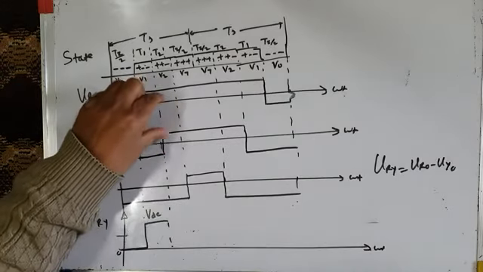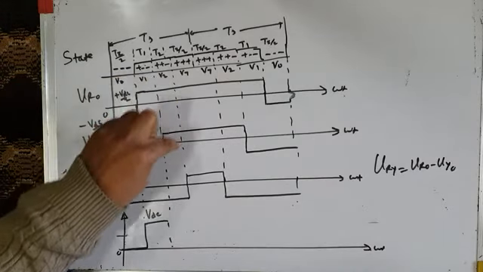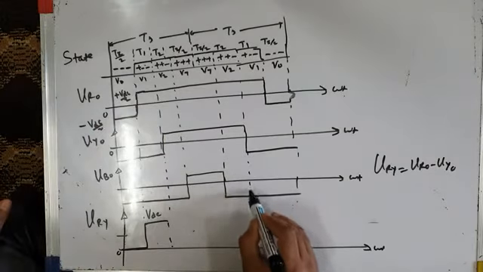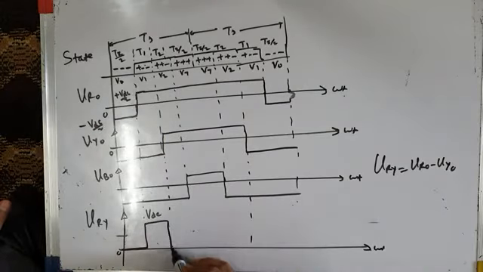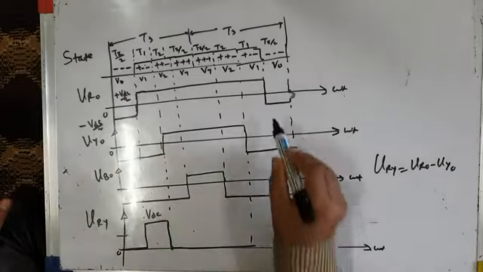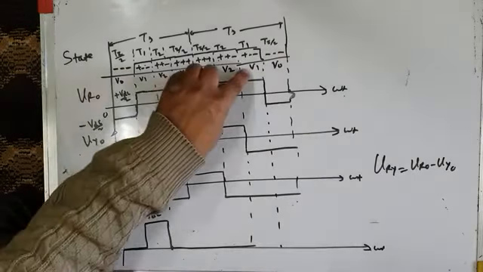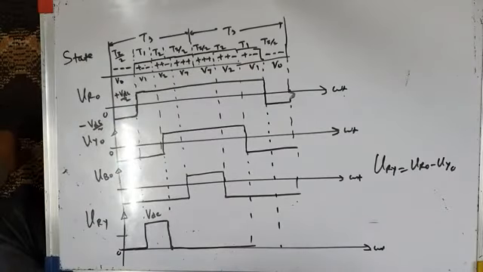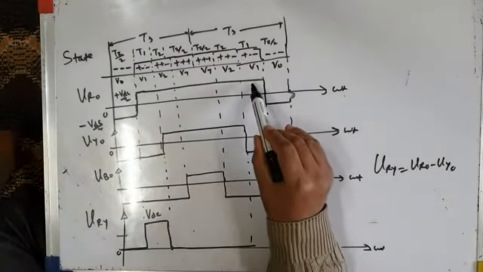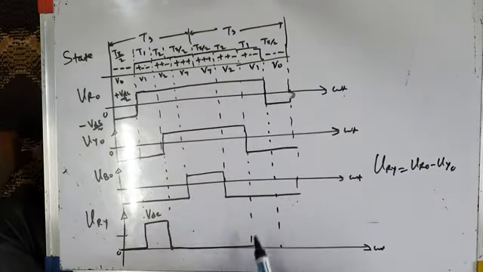So they subtract to 0. VDC by 2 minus VDC by 2 is 0 till this interval. 0. और फिर यहाँ से यहाँ तक, when voltage space vector V1 is again applied across the load, VRY is VRO minus VYO, so it's VDC by 2 plus VDC by 2, that's VDC.